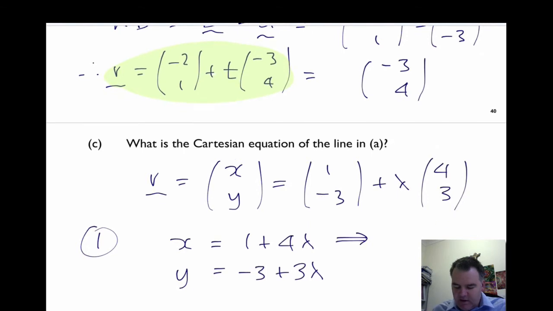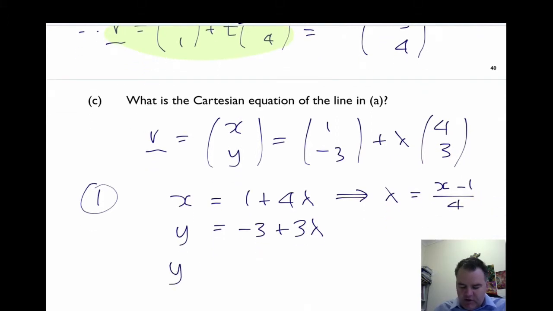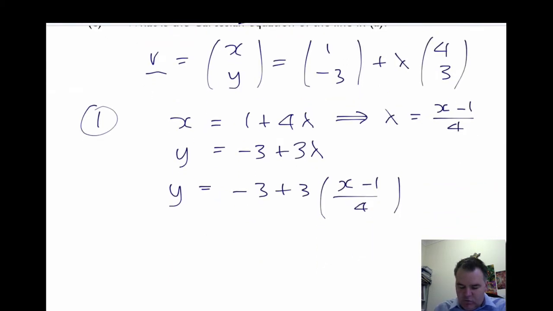From the first equation, lambda is (x minus 1) divided by 4. So in the second equation, y is -3 plus 3 times (x minus 1) divided by 4.